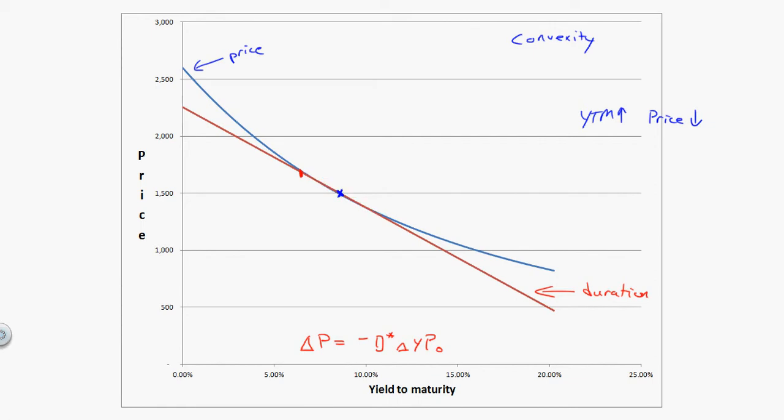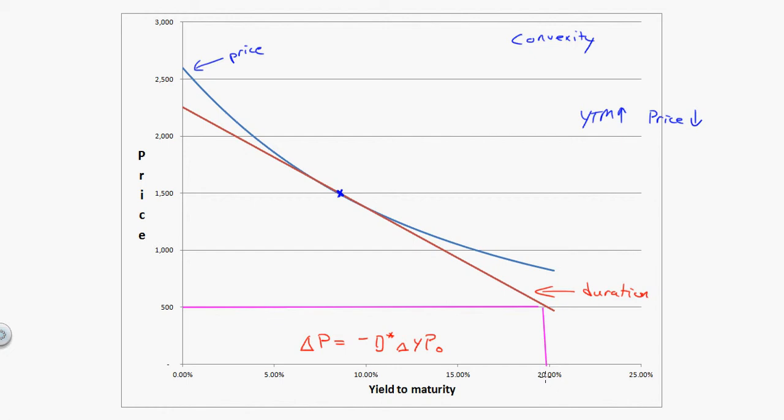So no big deal. But what happens as we get further out? So let me just kind of draw something like this. Well, if we come down, yields go to, let's go to an extreme here. Yields go to 20%. So if I'm at 20%, that matches up with a price of about 500.